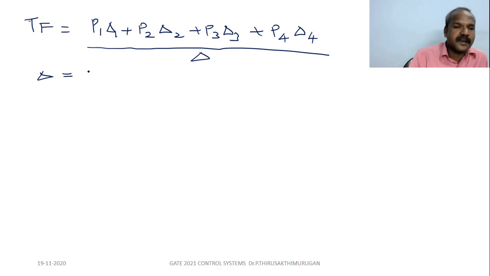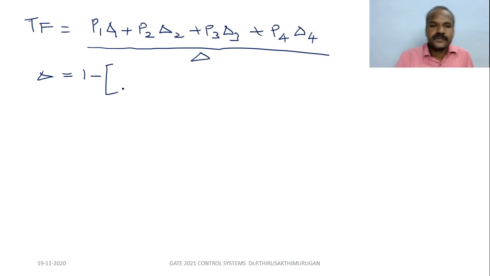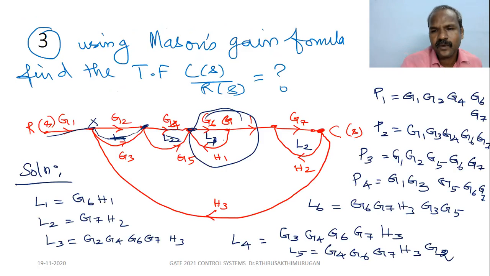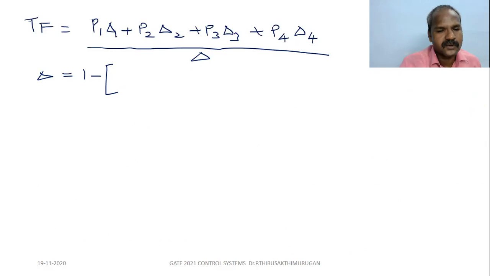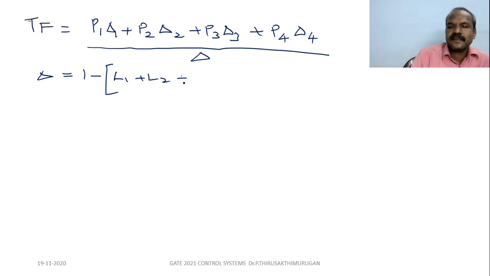So what is delta? Delta is nothing but 1 minus the sum of individual loops. How many individual loops are there? 6 individual loops, right? So the sum of gain products of the 6 individual loops: L1 plus L2 plus L3 plus L4 plus L5 plus L6.